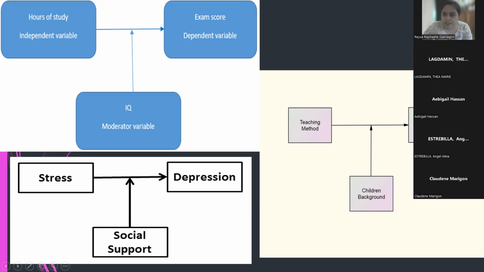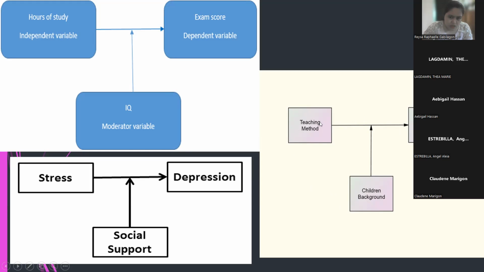And then, another example here, we have the teaching method and the academic performance. Gusto nating malaman kung may relationship ba yung teaching method ng teacher doon sa academic performance, example sa grade ng student. Okay lang din yan na diretso yung pag-determine IV and DV na relationship. But kung titingnan natin, pwede namang magbago itong academic performance. Pwedeng because of the children background.